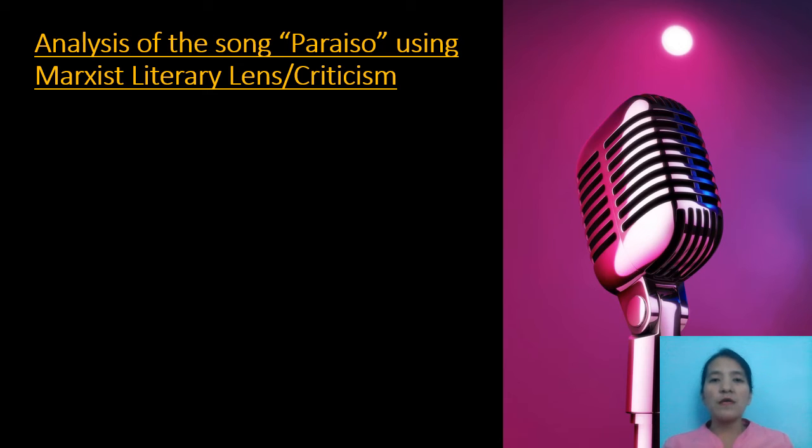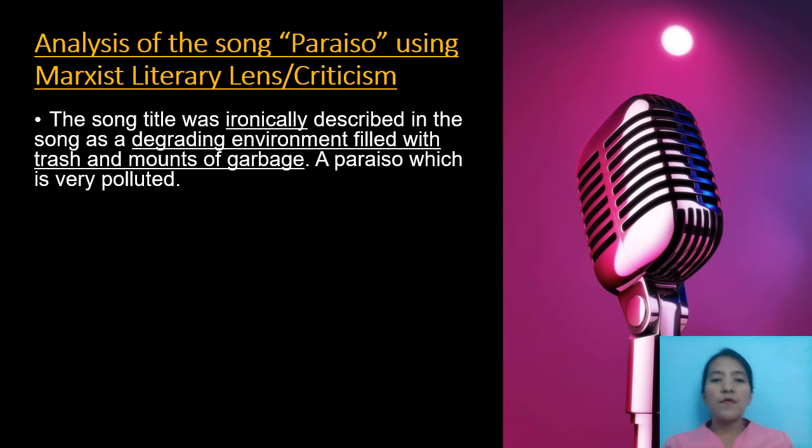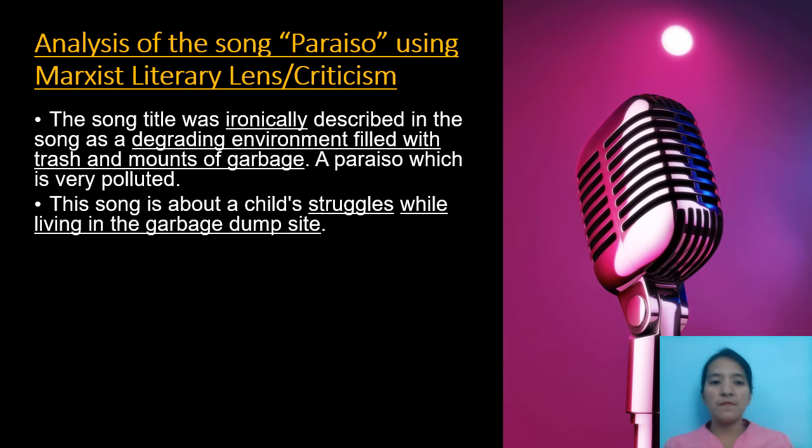We all know that social issues like money, power, inequality, and poverty are some of the topics looked into in this criticism. The song title was ironically described in the song as a degrading environment filled with trash and mounds of garbage, a paraiso which is very polluted.